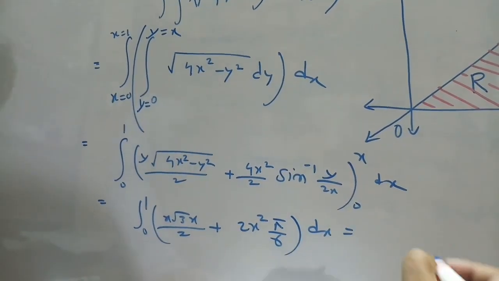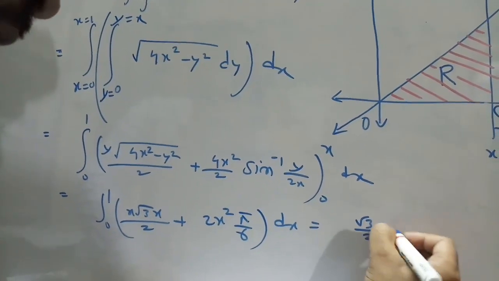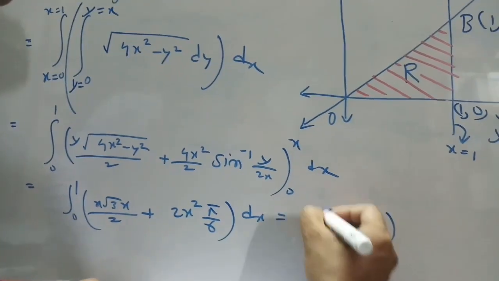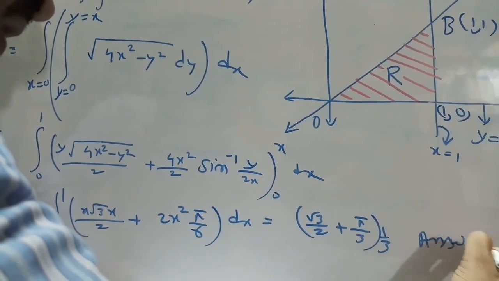After simplification this will be root 3 by 2 plus pi by 3 times one third, and this is the required answer.